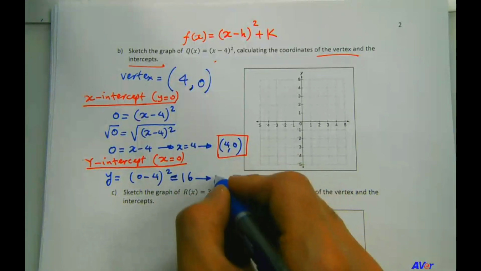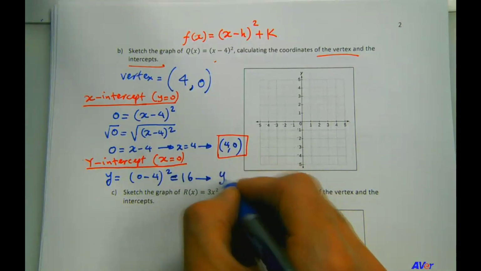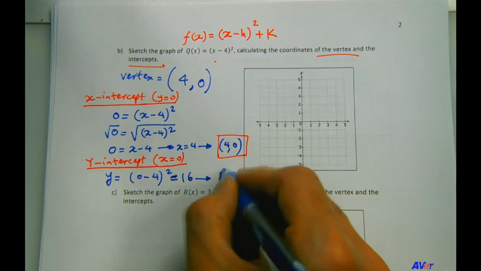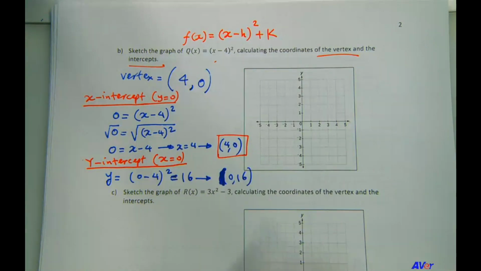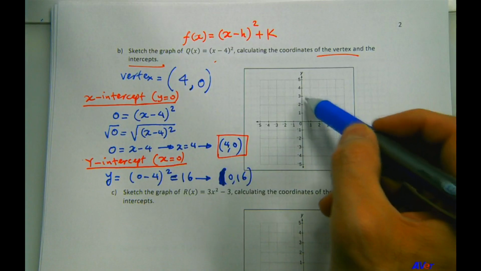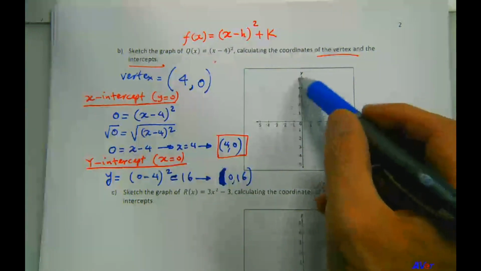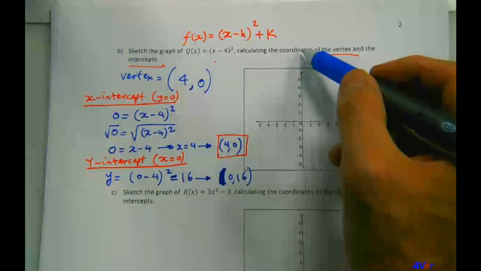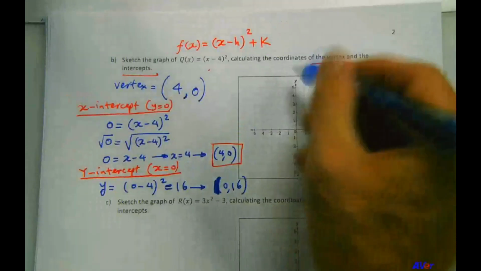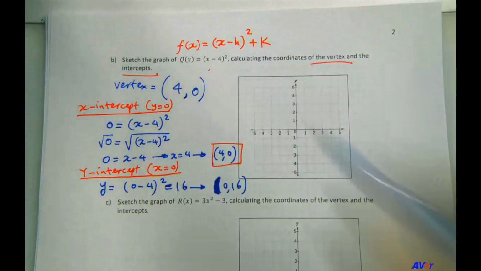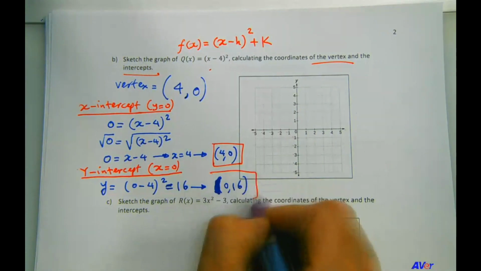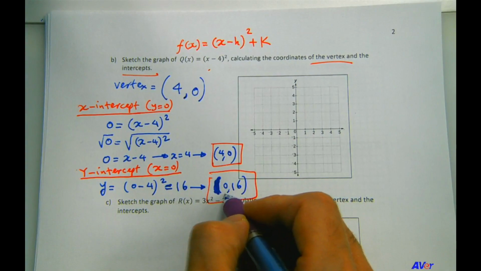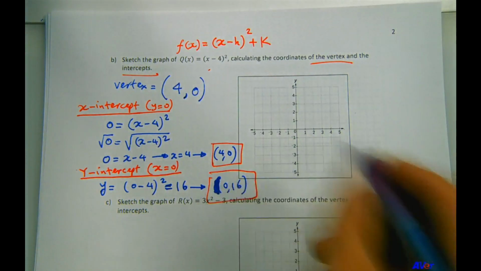And so the y-intercept is 0 comma 16. My graph here isn't going to allow me to plot it because it's way up there. So I will estimate where it's going to be, and then I'll go to the computer to show you a more exact version of this. But the y-intercept is going to be at that point, 0 comma 16.